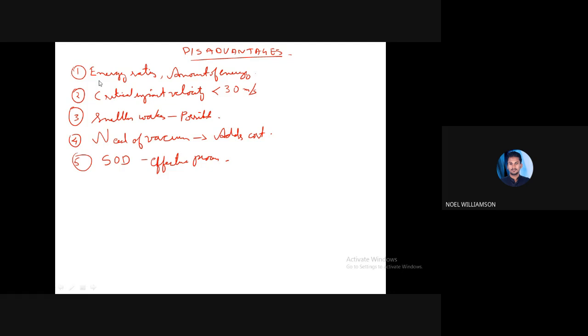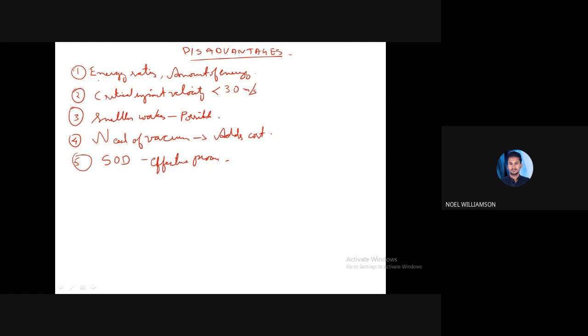It is not practically possible, and it is possible to only form the materials which are smaller in size, and the bigger size workpieces cannot be formed using this particular method. The bigger workpieces are usually formed using the other process, that is explosive forming.